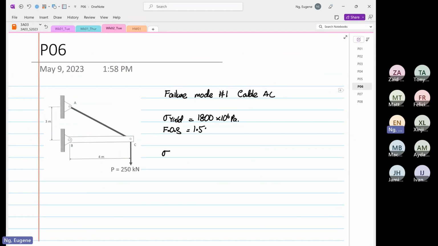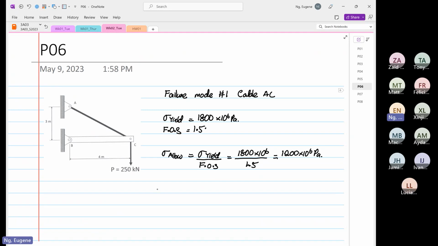So the allowable stress is equal to stress yield divided by the factor of safety. So this is equal to 1800 times 10 to the power 6 divided by 1.5, which is equal to 1200 times 10 to the power 6 Pascal.